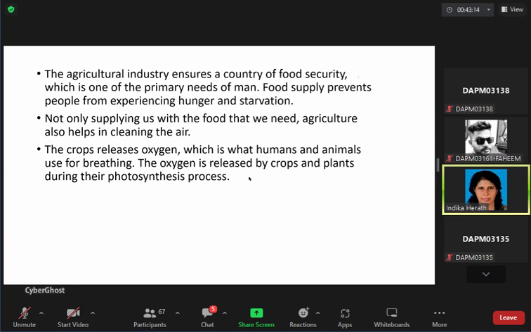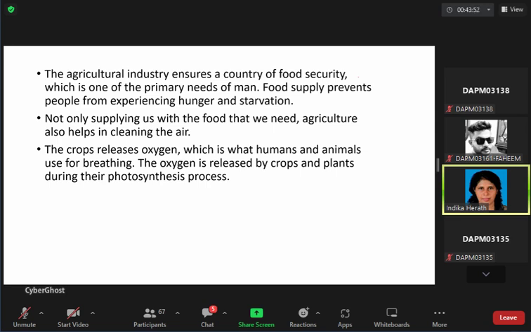The crops will release oxygen, absorbing carbon dioxide. Oxygen is needed for us to breathe, right? So plants have the ability to release oxygen, taking up carbon dioxide. So not like other industries, in the agriculture sector, when we grow plants, it not only provides us food, but also cleans the environment as well, right?